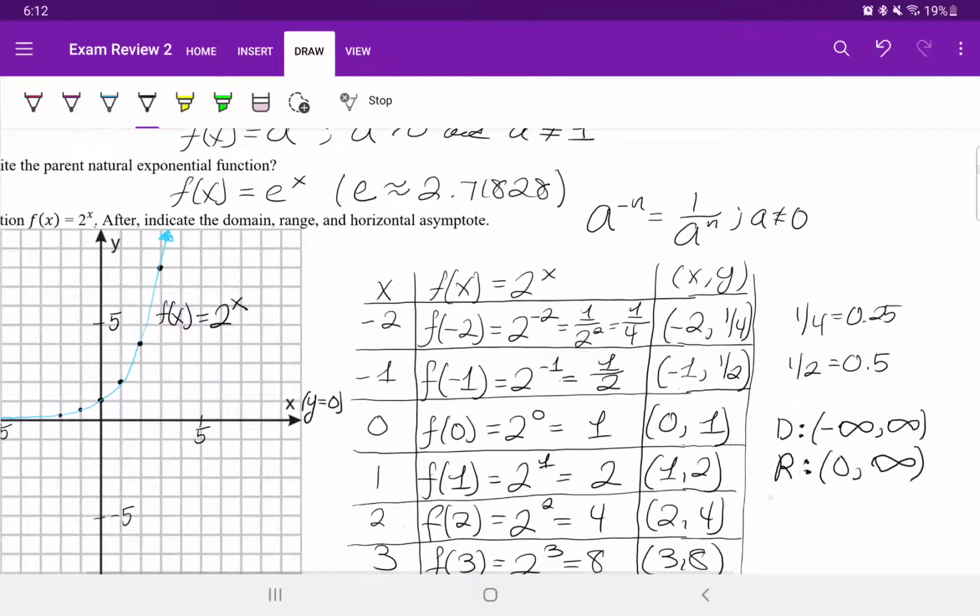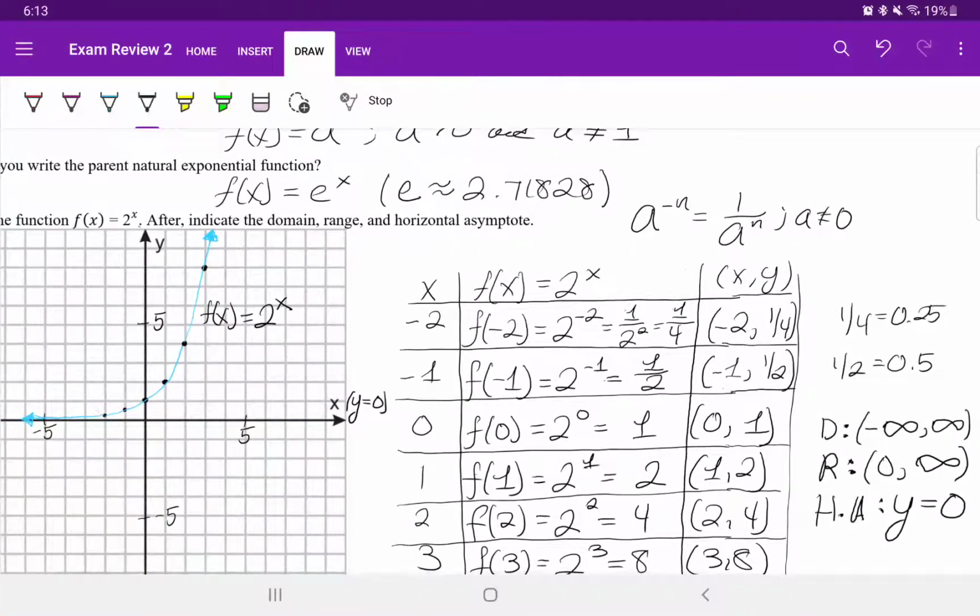And last but not least, it asks for the horizontal asymptote, which I'm going to call HA. That is the line y equals 0. Because once again, the function is approaching the x-axis, which has the y value of 0, but does not touch nor cross in this case. Thus, that is going to be your horizontal asymptote, the equation y equals 0.